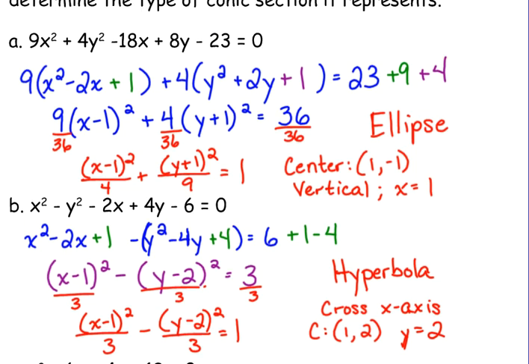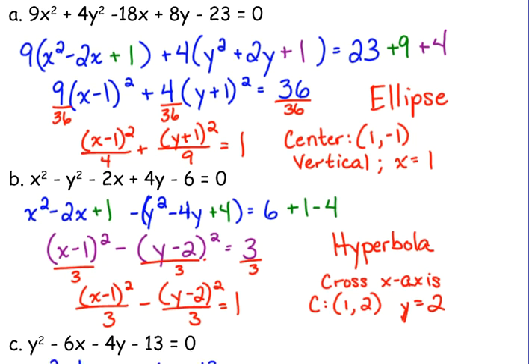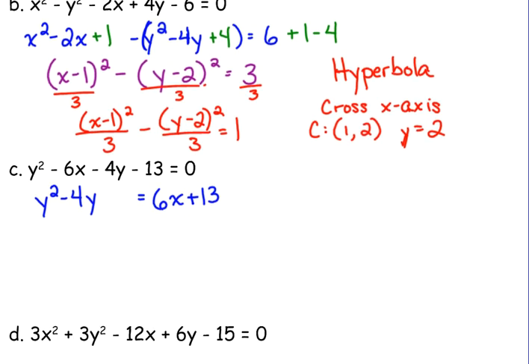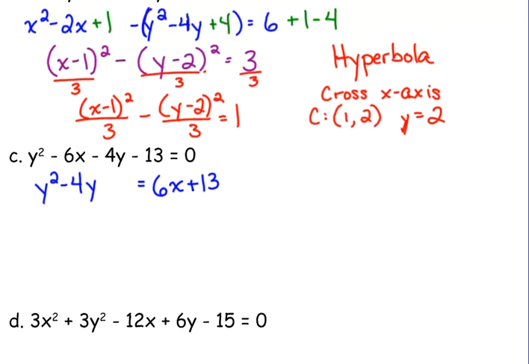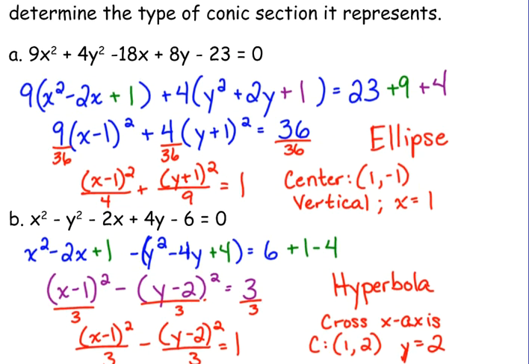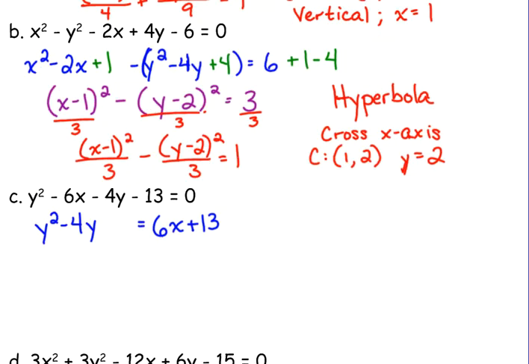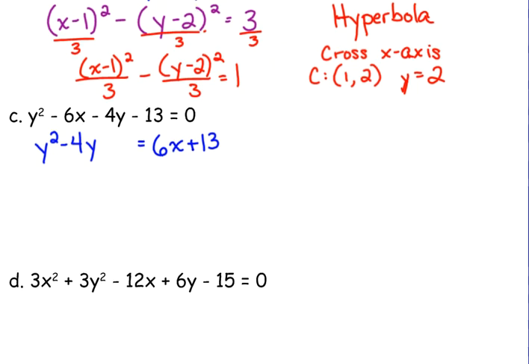Now, an ellipse and a circle are a little bit more difficult to tell apart, but a dead giveaway is if the constants in front of the squared terms are the same, it's a circle. If they're different, then it's an ellipse. We'll get to the circle example here in a second. I'm just trying to point out there are key differences that can save you a lot of time and effort by just recognizing them right off the bat.